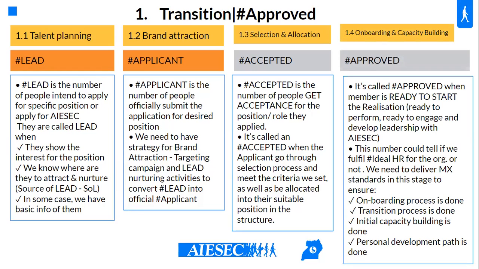You can see here, this number could tell if we fulfill ideal HR for the organization or not. We need to deliver the MXP standards, membership experience standards. Again, we will go through that. Next is actually the MX standard. So do not worry if you're wondering what exactly an MX standard is.